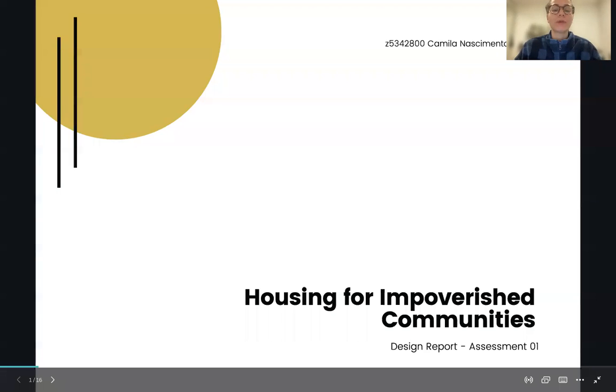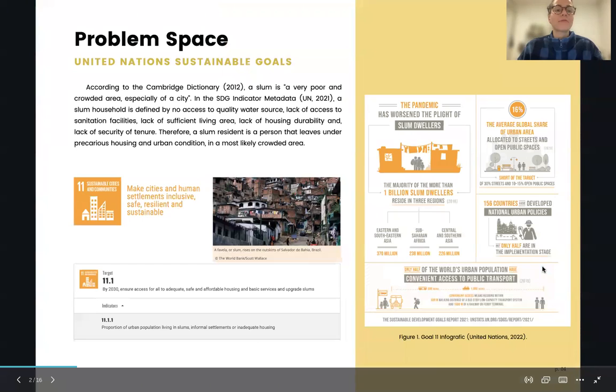And the problem that I've been focusing on is housing for impoverished communities. So the problem space that I've been focusing on is Goal 11, Sustainable Cities and Communities. And I've been especially working with target 11.1, which aims to ensure safe and adequate housing for everyone, especially for slums.